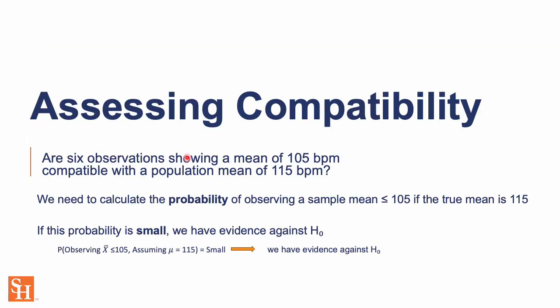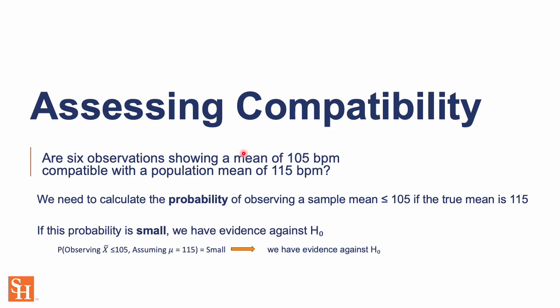This slide is very important, so let me discuss this slide in detail. Our population parameter value was 115, and we had a sample of size 6, and from this sample our calculated sample mean was 105.